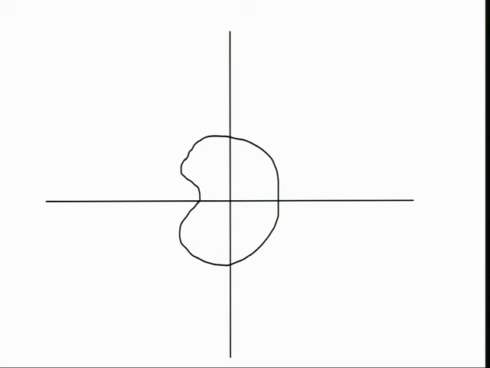Now, what I do is I want to define the support function of this set. So this set is called A. And now I pick any point x. Okay, so here's a point x. So it's a vector pointing to that point.